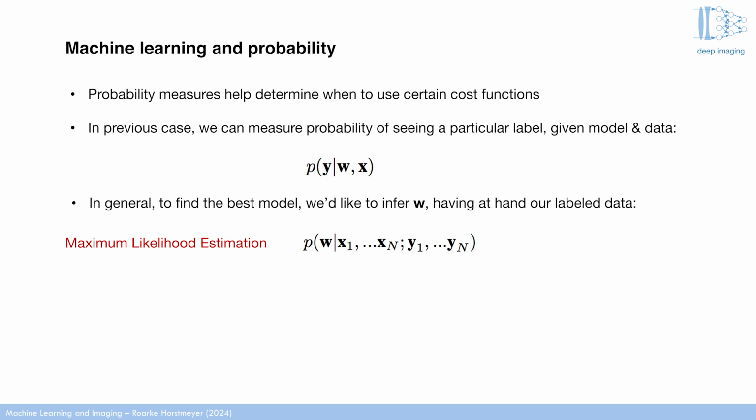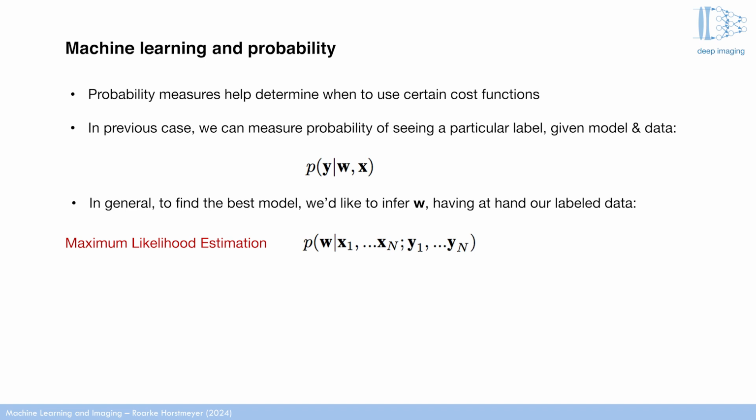So it kind of looks like the one above. This probability is the conditional probability of some weights, W, given your inputs and your labels. There are a gazillion models out there, and the one that I want to use has a maximum conditional probability given the data that I have access to.